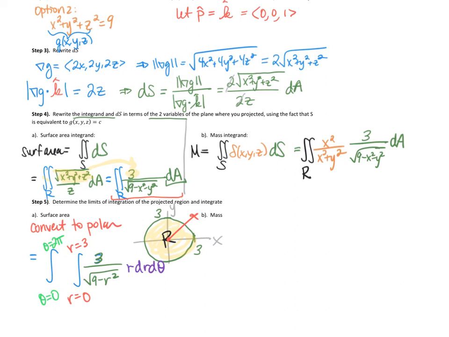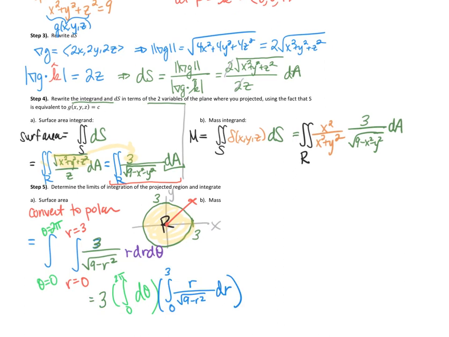So we'd expect this to be 18 pi, and you can see if you just decouple, this will become 2 pi here. This integral in blue you're going to need to do a u sub with, but at the end of the day you're going to get 3. And so we get back to what we expected, this 18 pi. Expected that just knowing the formula to start.